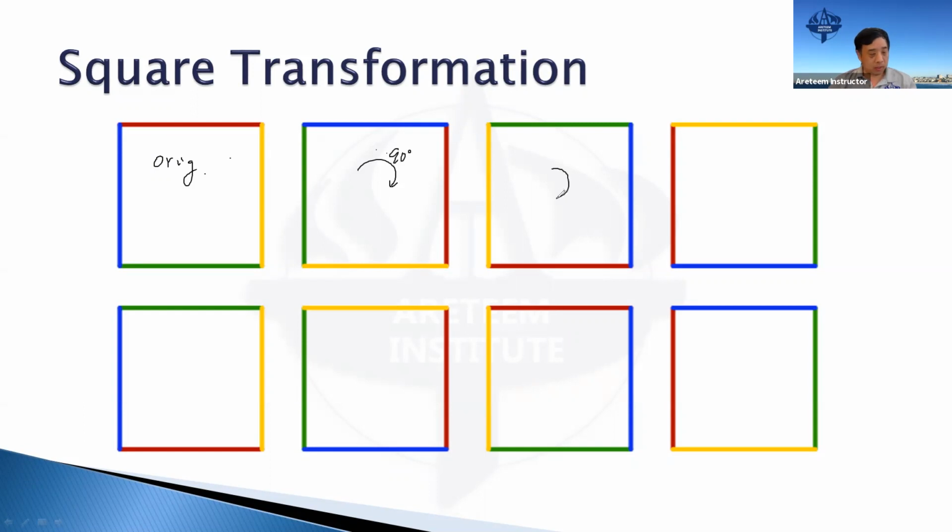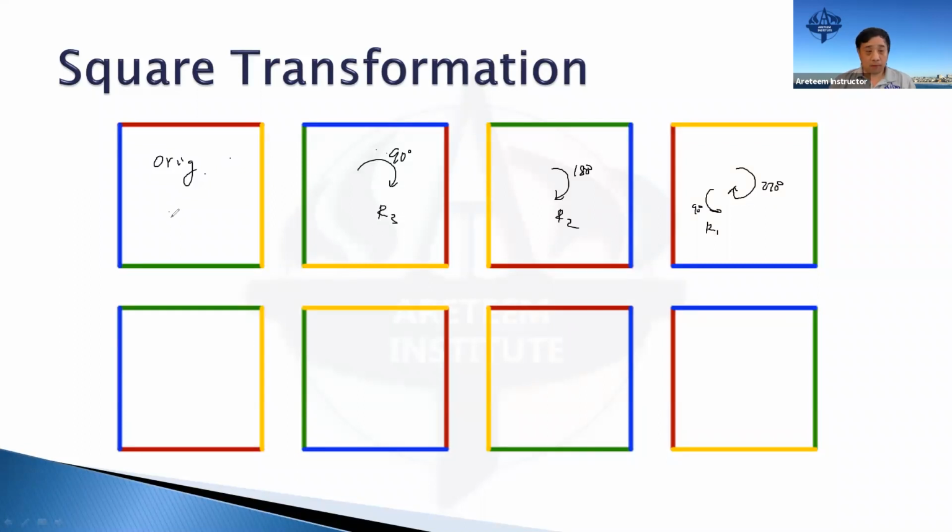To here is clockwise 180 degrees, and this is clockwise 270 degrees, or you can say counterclockwise 90 degrees. So this is R1, this is R2, and this is R3.